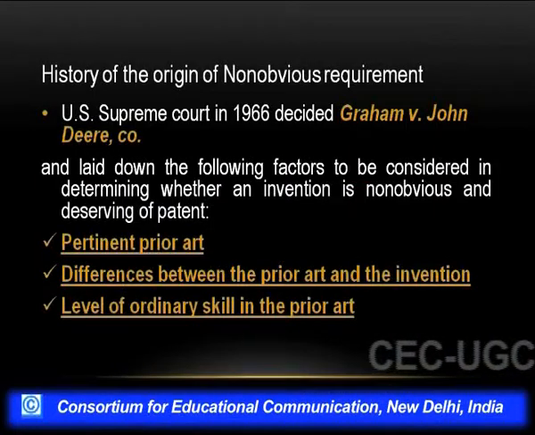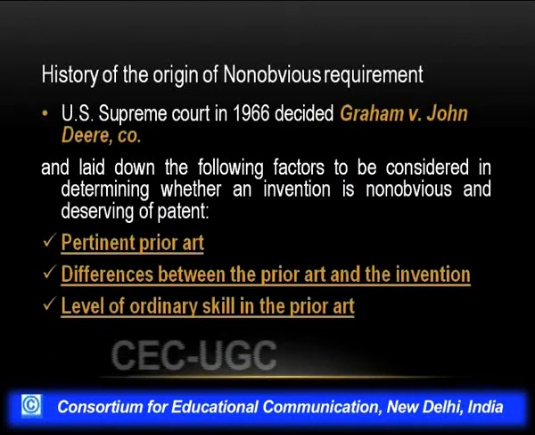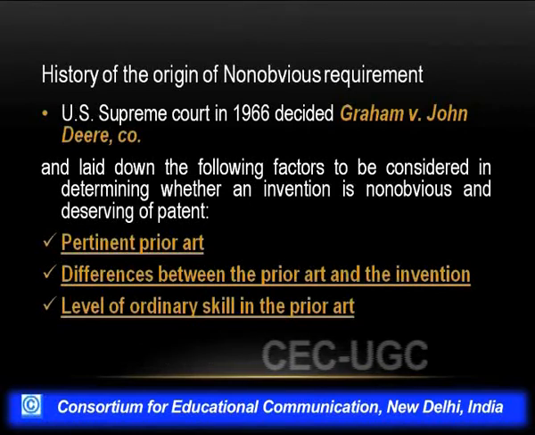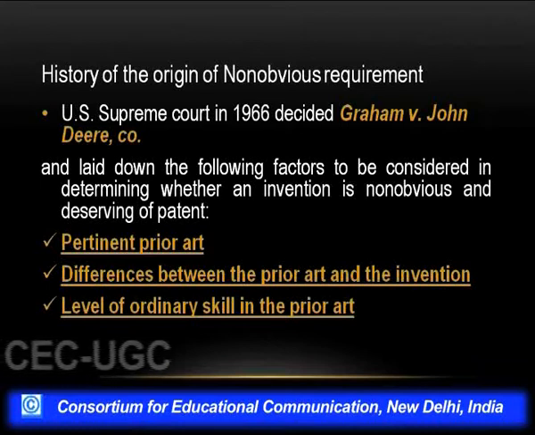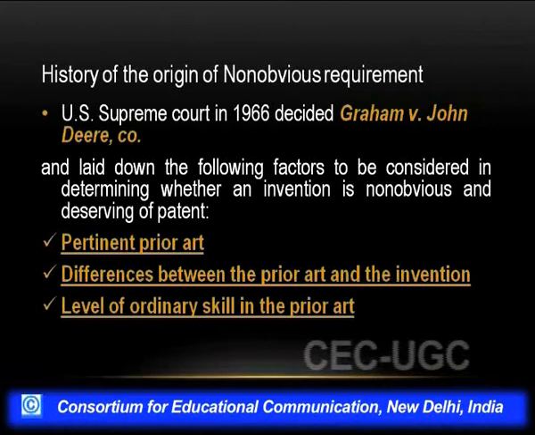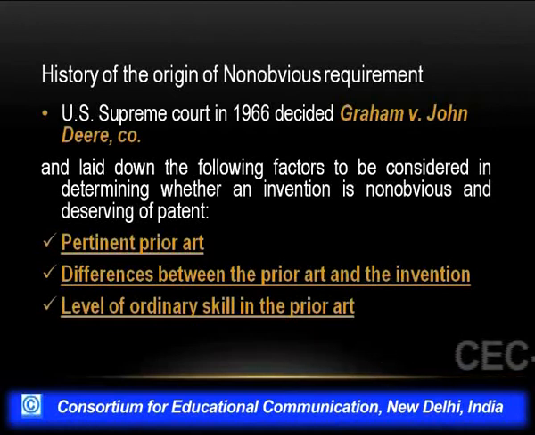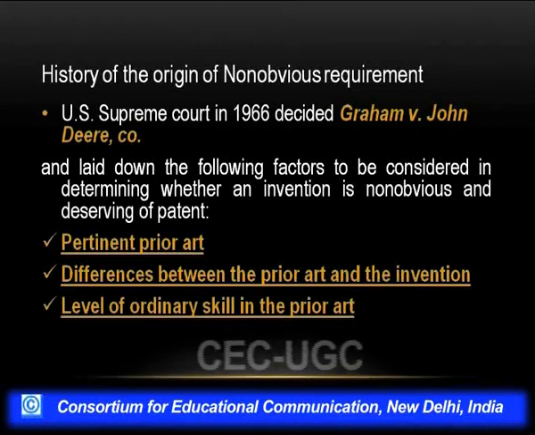Well, the next requirement, as highlighted and described by me, is the level of ordinary skill in the art, that is, prior art. We have to see the level, understanding, and skills of the person who is ordinarily skilled in that art, the reasonably prudent person's skills, to determine whether he would be able to make the same thing with the prior arts available.